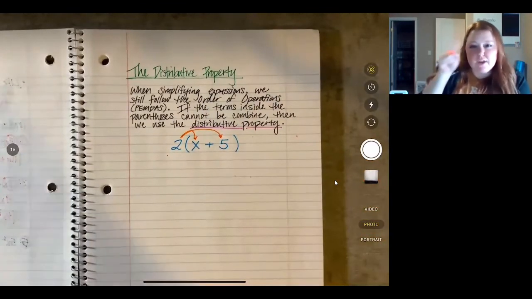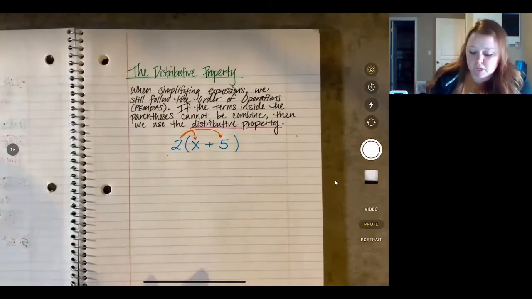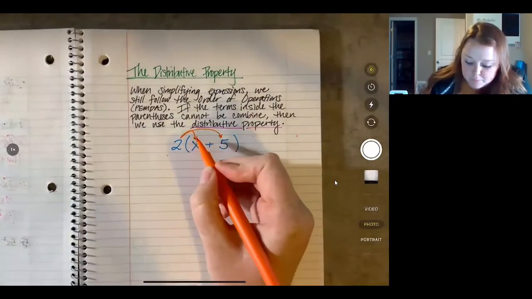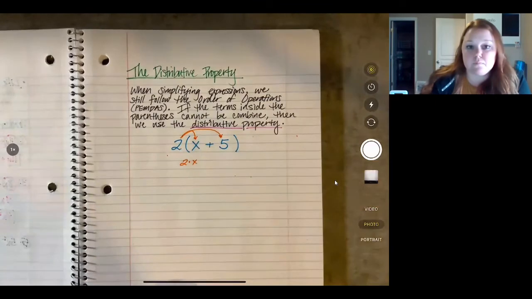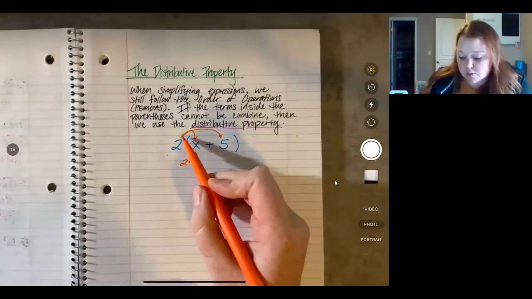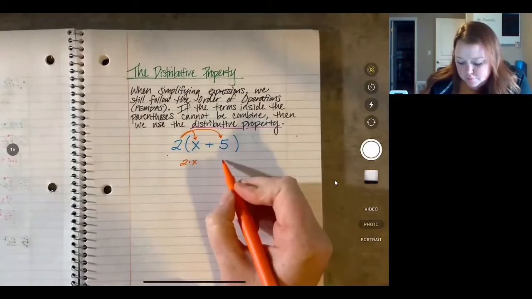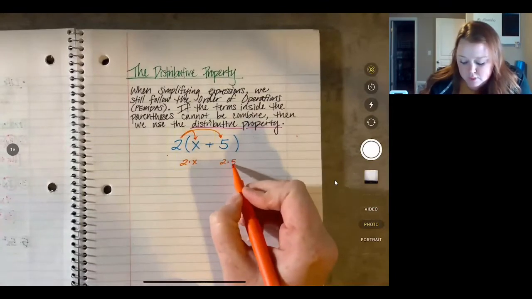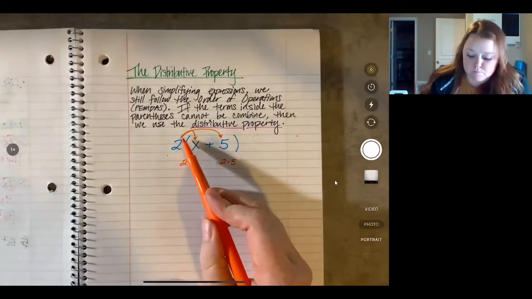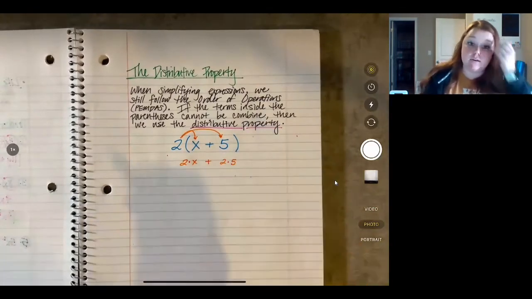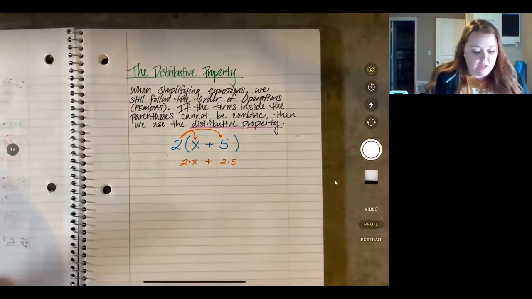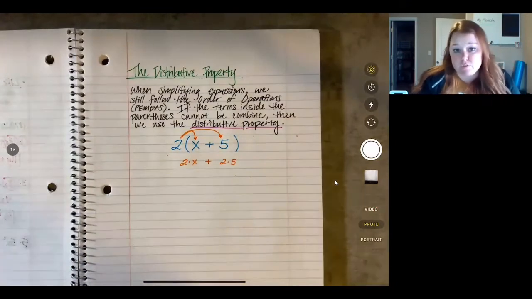Hopefully this little arrow thing looks familiar to you. So this 2 gets multiplied by the x. So we have 2 times x. The 2 also gets multiplied to the 5. So we have 2 times 5. Since both of those are positive numbers, it's going to be a plus sign right there. Then you go ahead and find the product of those things.